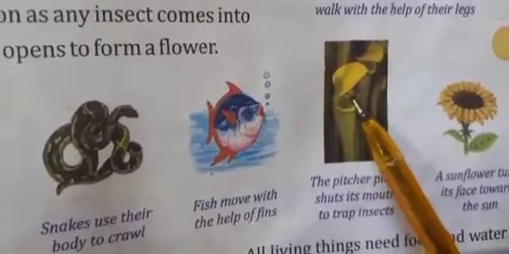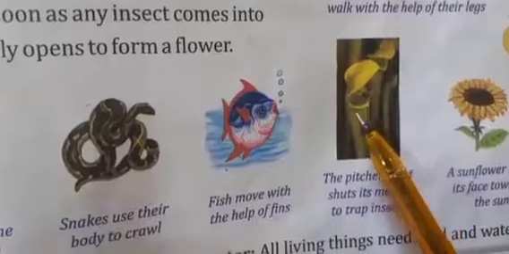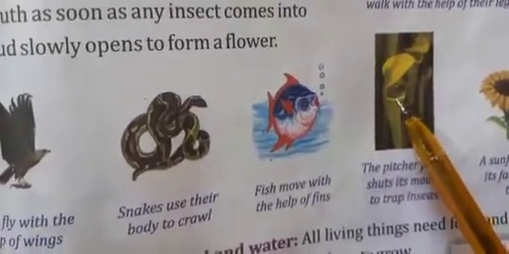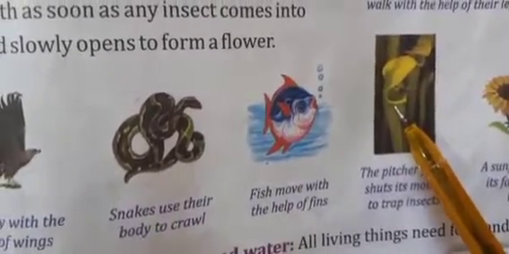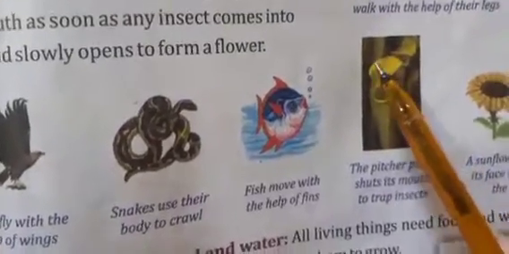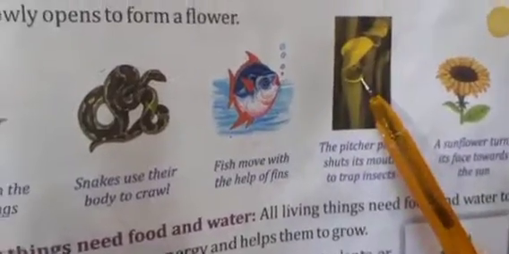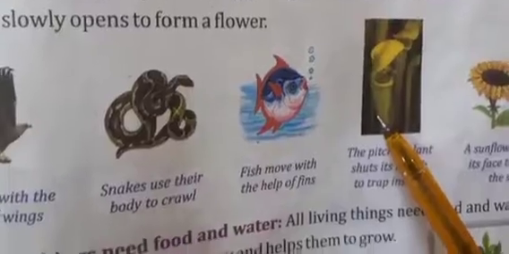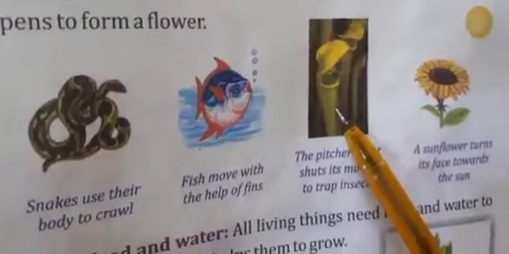Here it produces some oily glandular substance that attracts insects. Once the insect is attracted towards this colorful shiny substance, it comes and sits on the mouth. Here you can see the leaf-shaped structure, right? Once the insect comes and sits here, it automatically gets closed up. Once it is closed, the insect drops inside and gets digested. So it eats the insect.